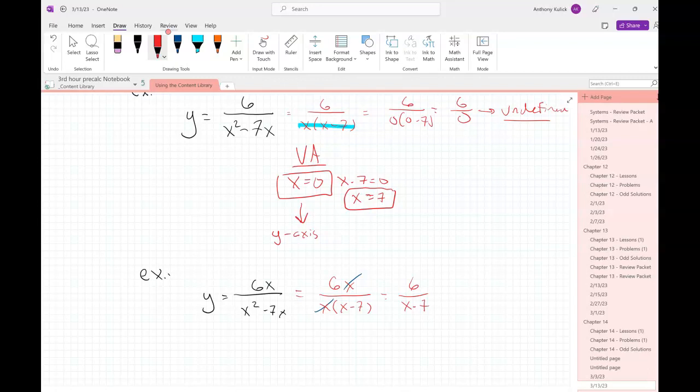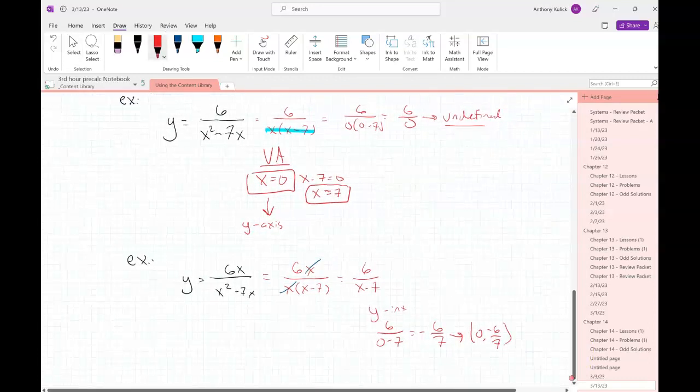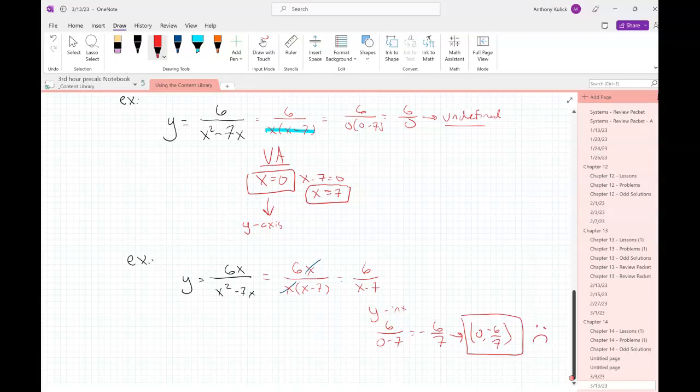So what's the y-intercept here? So you guys say that's this, right? What's the problem, though? That's not right. What happened when we did this?